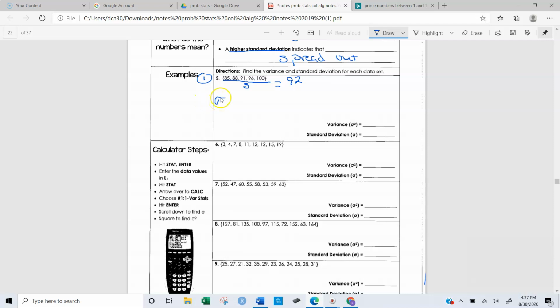So it goes like this, by the way. Variance squared, so variance is this symbol right here.